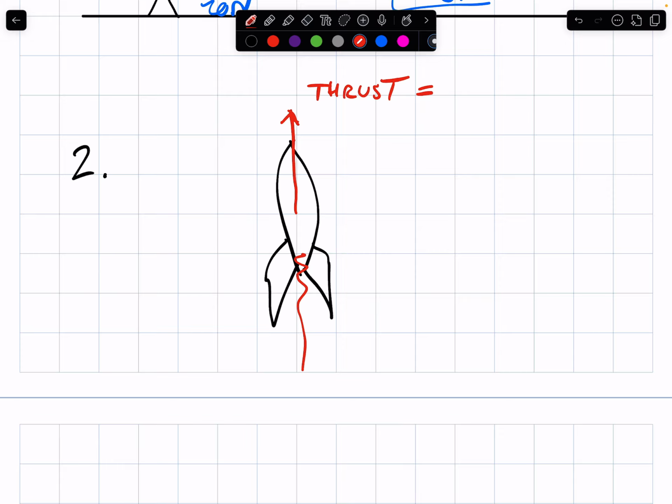Let's say that this thrust force is 50 newtons, and that this rocket has a mass of 2 kilograms. What is the rocket's acceleration going to be, given that you ignite the engine and all that gas coming out exerts an upward force on the rocket of 50 newtons?